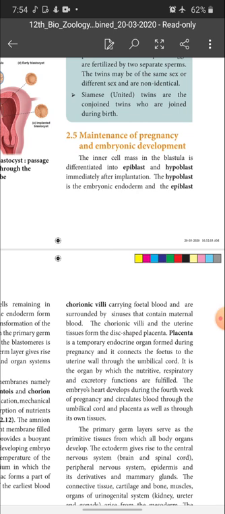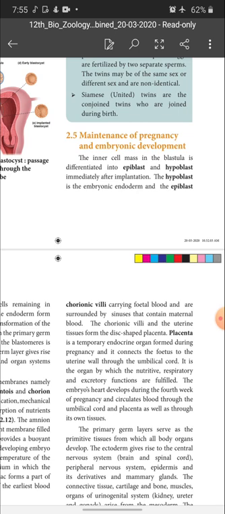The hypoblast is the embryonic endoderm and the epiblast is the embryonic ectoderm. So the inner cell mass is differentiated into two structures.